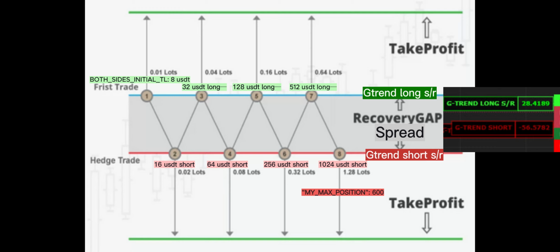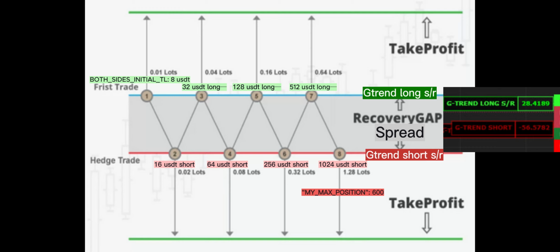Now, Gtrend is constantly looking at the trends, and it does a different type of long support resistance as well as the short support resistance. Those are based on trends, lower lows and higher highs. This means that it doesn't just follow the price action, which makes it a lot better.